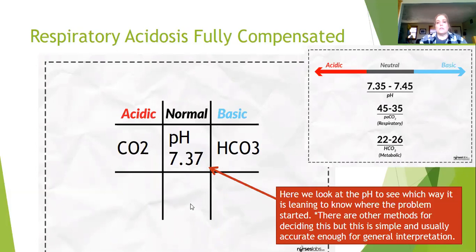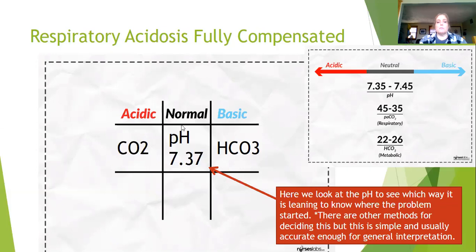So what we do is we look to see where this level falls. If we have 7.35 to 7.45 as our normal range, the very middle of this ends up being 7.4.